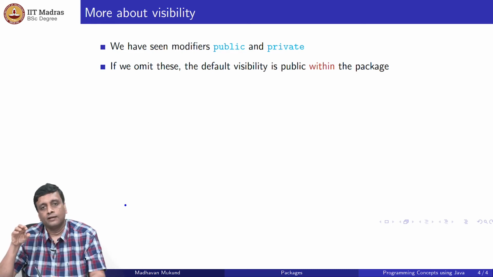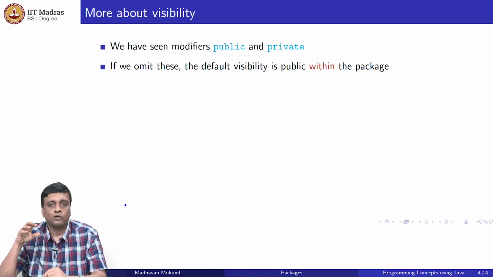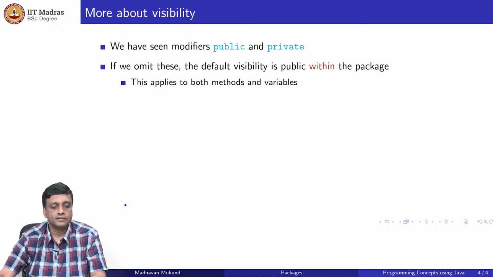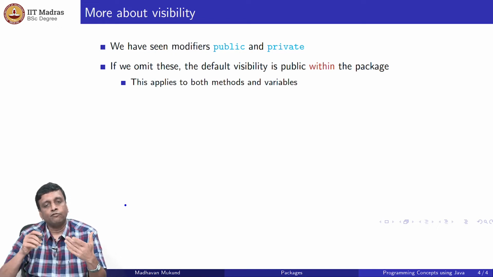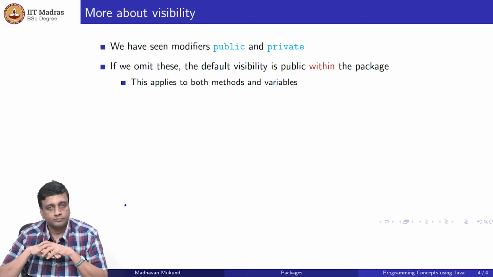So, remember that every class either belongs to an explicitly named package which is identified at the top of the Java file, or it belongs implicitly to this anonymous package which is shared by all the other classes in the same directory in which it sits. So, this default visibility of being public applies to methods and variables.